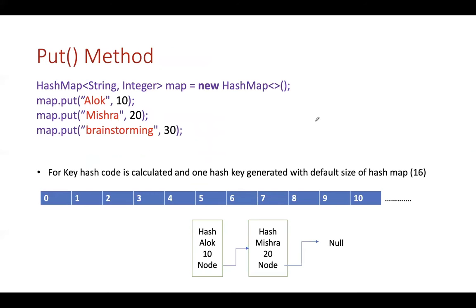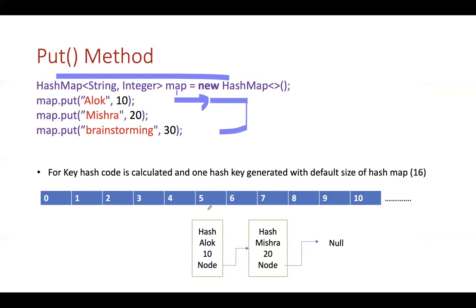Let's see how the put method works. I have defined one HashMap and I have put 3 keys and values inside it: Alok, Mishra, brainstorming. For the Alok key, the hashCode is generated and the index is calculated with this formula. Let's see, the index comes to 5.